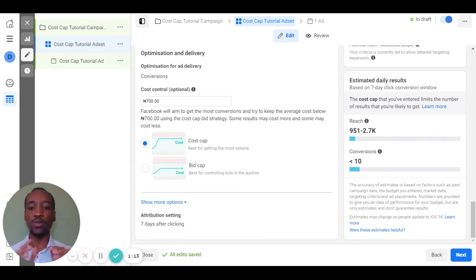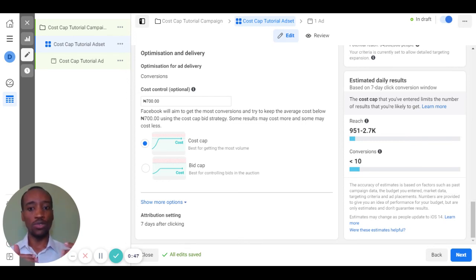Like I said, this works when you already have an idea of what your cost per conversion should be. This does not work for a new campaign. That's an instance where this does not work. With a new campaign, where you're just launching out of the blocks from the get-go and trying to put in the cost cap, it just will not work. Why? Because you're going to be limiting yourself on the result, since you do not know what your cost is.